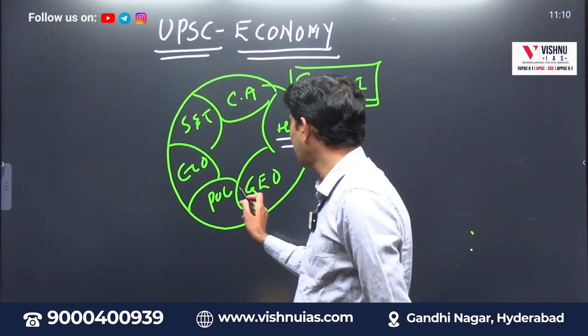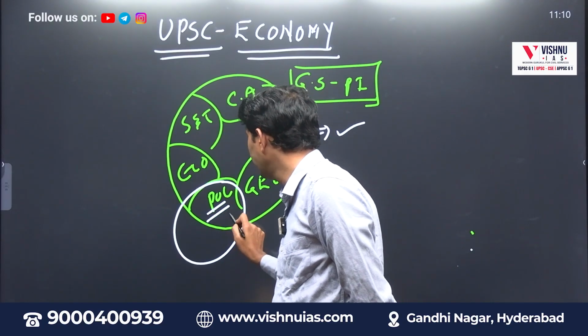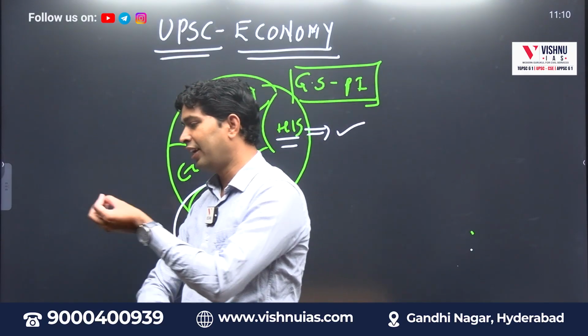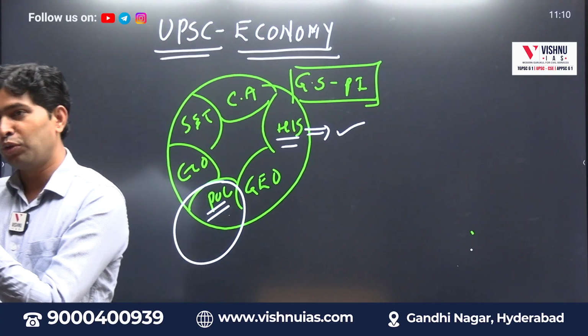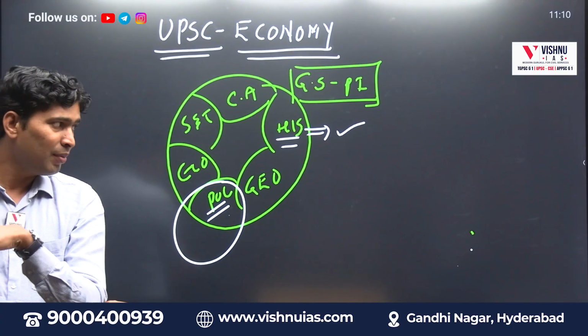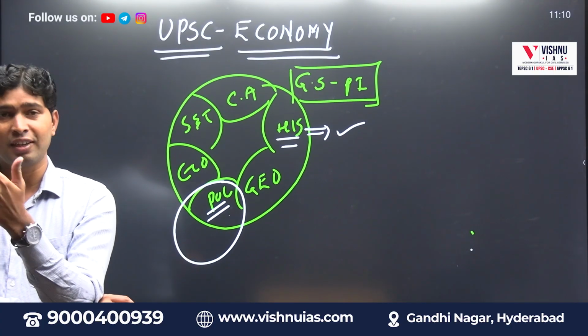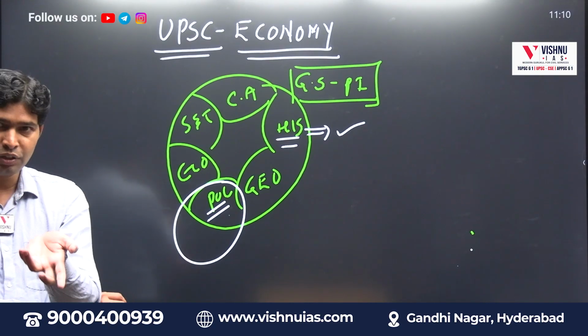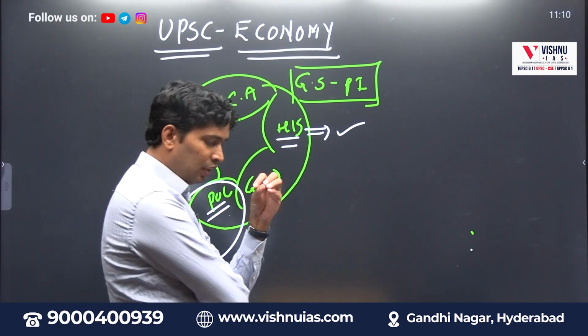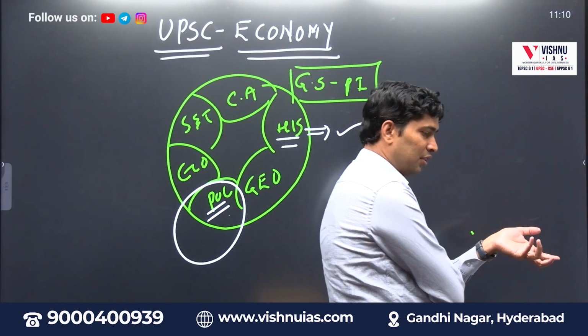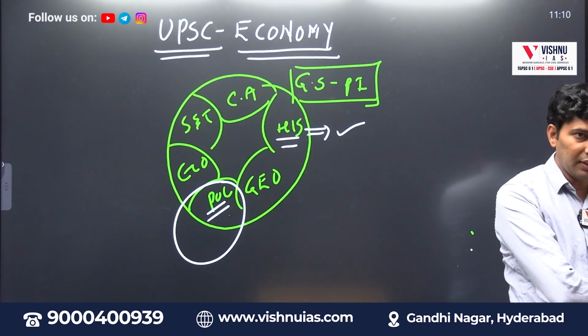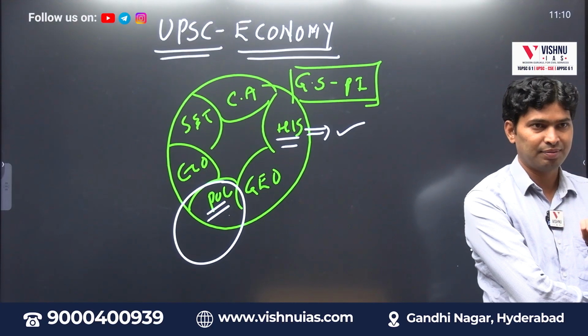Polity. Probably polity is already explained. Orientation is already over. So rules, regulations, what to do, what not to do, how to do. Probably as a common man, as an individual, as an organization, as a community, as a nation, as a society, how you as an officer in future have to work within the framework of rules and regulations.